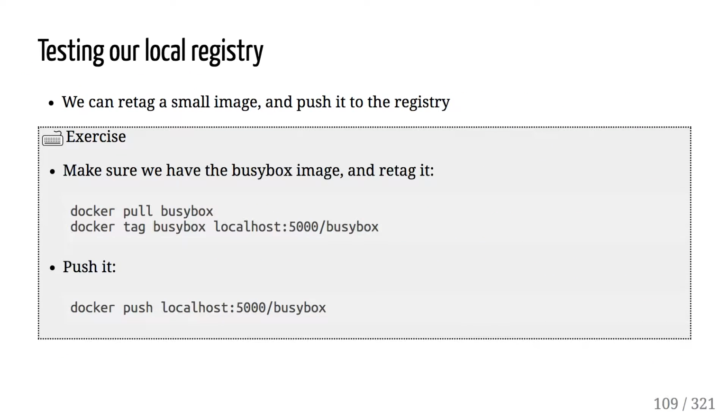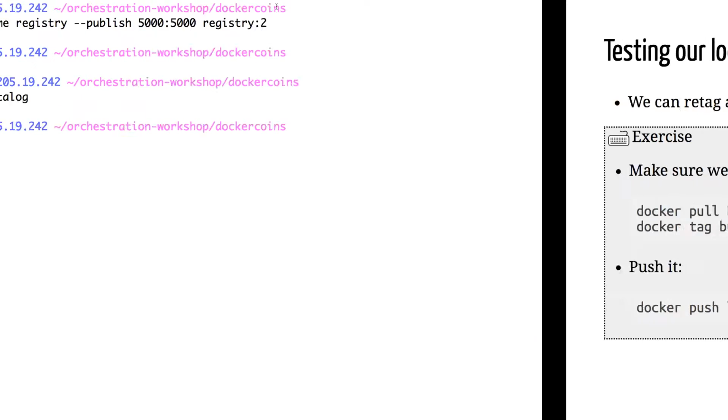Okay, so we are going to check that it's really working. We are going to take the smallest image we can find. Well, not the smallest, but one of the smallest, the BusyBox image. We are going to re-tag it so that instead of being BusyBox, it will now be localhost:5000/busybox, and then we are going to push it, and that will push it to the local registry.